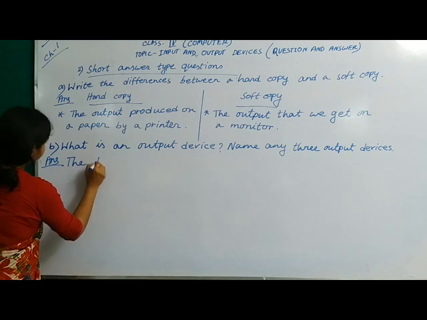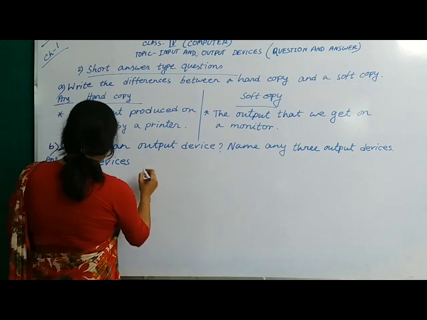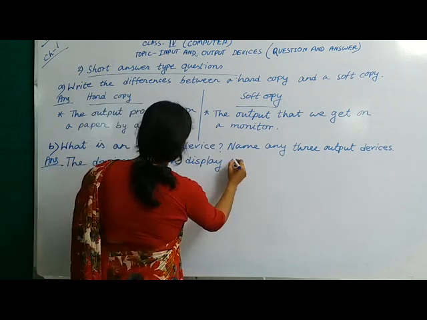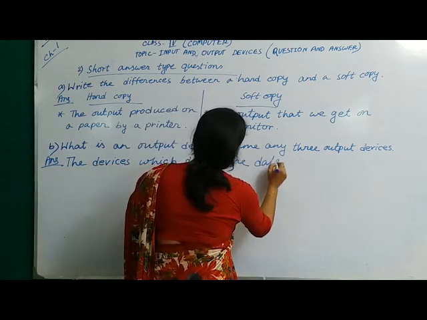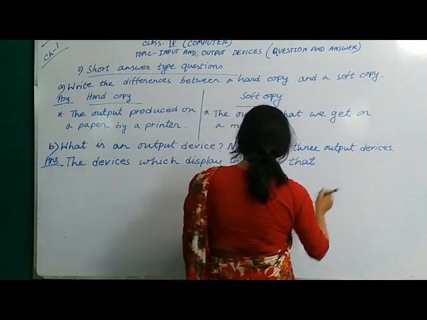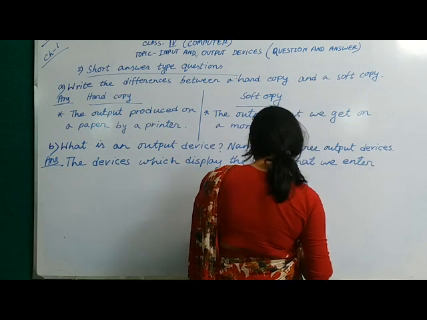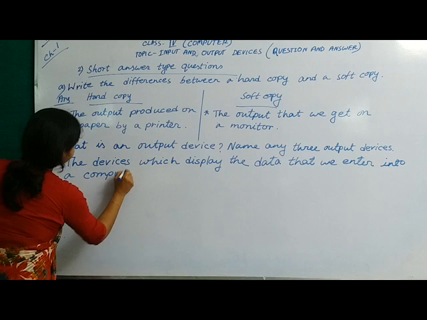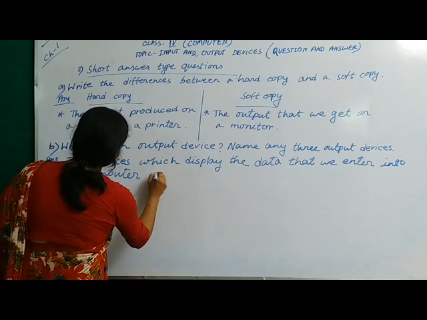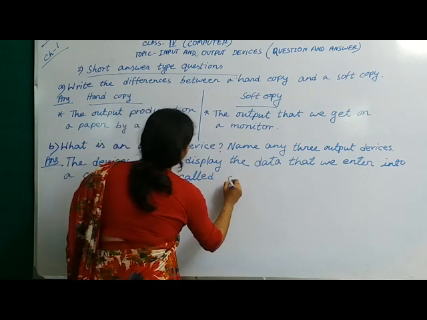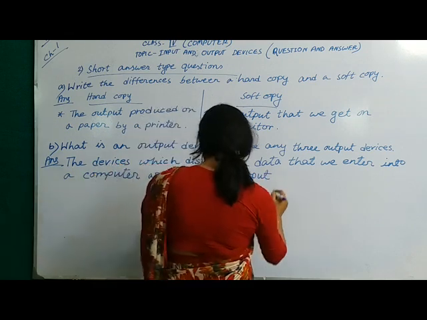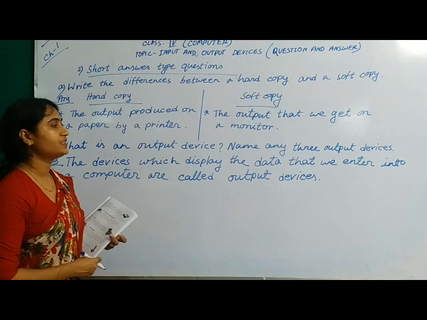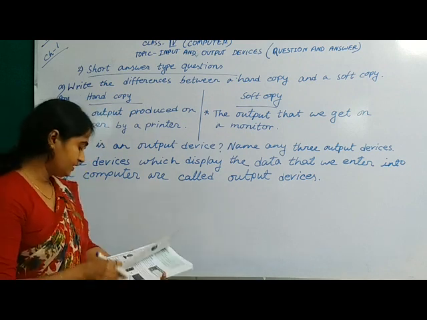The devices which display the data that we enter into a computer are called output devices.